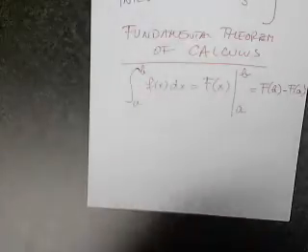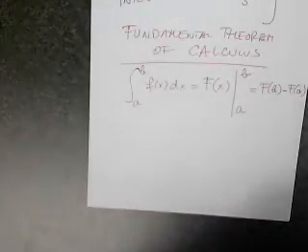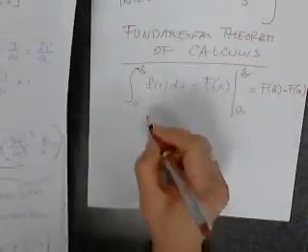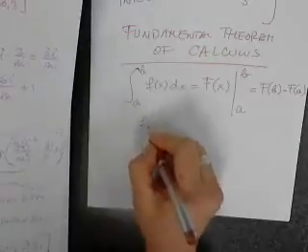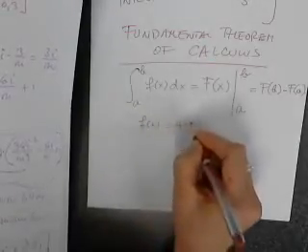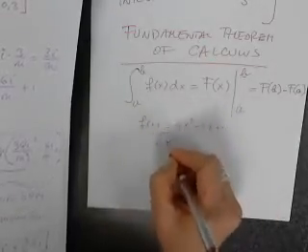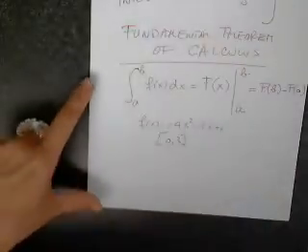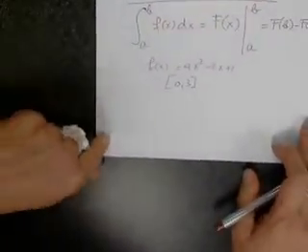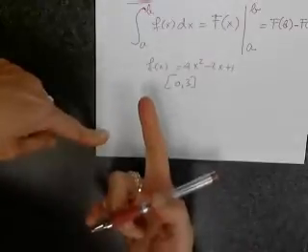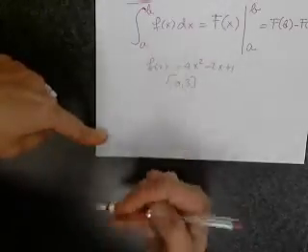So I would like to go back now to the last one. The last one was a function 4x squared minus 2x plus 1, and the interval was 0 to 3. So please dictate what I should write in order to determine the definite integral for this function.